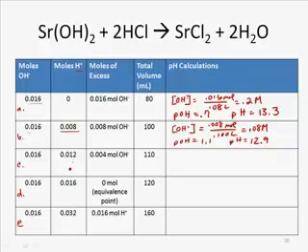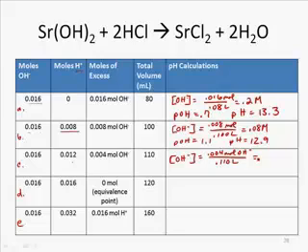Okay, and then we go down through the same thing. Now here I've added more HCl. Okay, so 0.012 will interact with 0.012. I still, though, haven't reached the equivalence point. So now I have 0.004 moles of hydroxide, and that's in, now I have 0.110 liters, so that's 0.036 molarity.